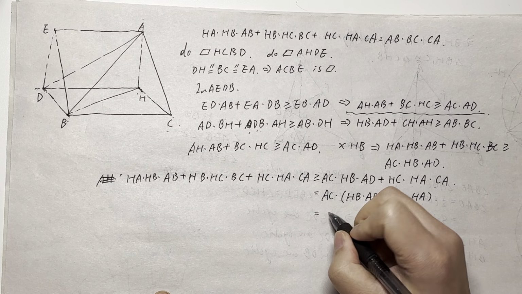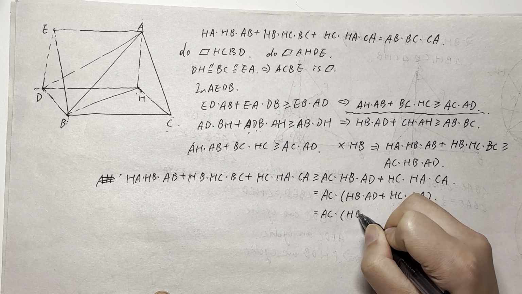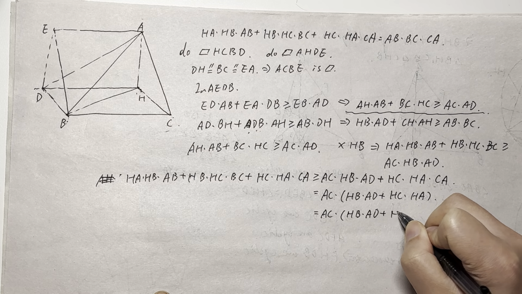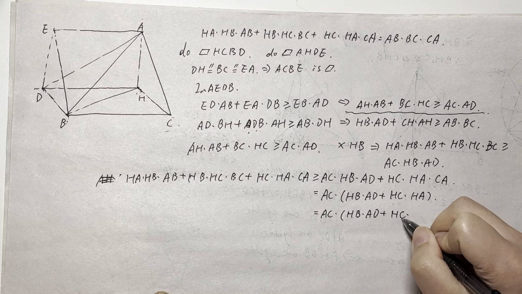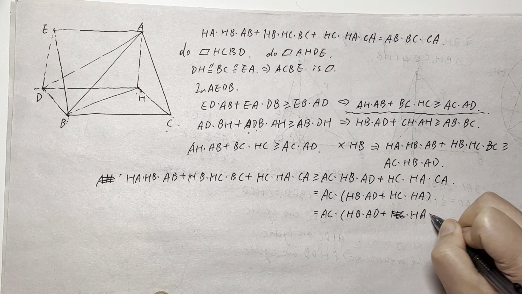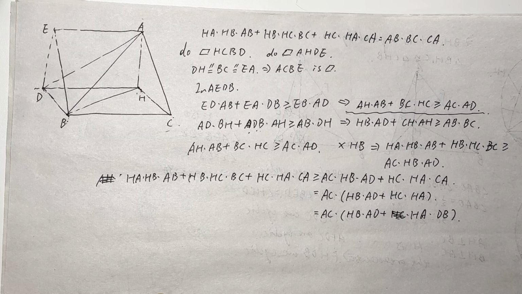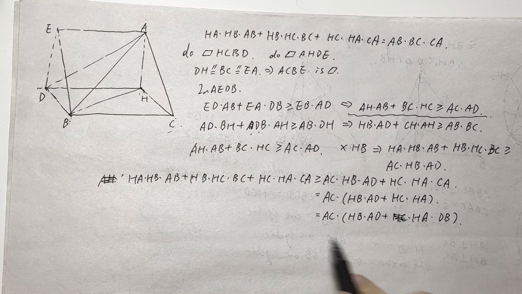So it equals AC times HB times AD plus, no, HC is DB actually, so HA times DB. Right, we have it here.